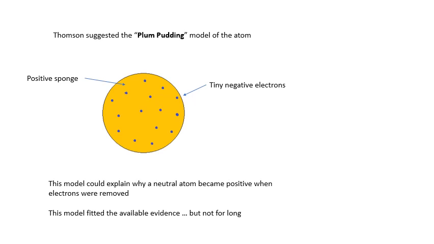This explains why if you take away an electron, what you're left with is positive, because there's more positive charge there. And this model fitted the evidence, but not for long, because some new evidence came along.